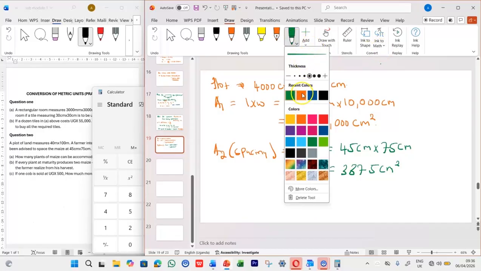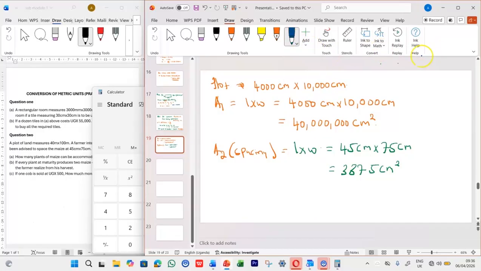So how do we get the number of plants? Number of plants equals A1 over A2. The centimeter squared and the centimeter squared, we shall see how they disappear. So we have 40 million centimeters squared over 3375 centimeters squared.